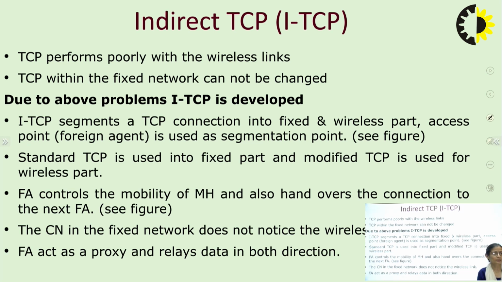The FA controls the mobility of the MH and also hands over the connection to the next FA. That is, FA stands for foreign agent and MH stands for mobile handset. The CN, in the fixed network, does not notice the wireless link.